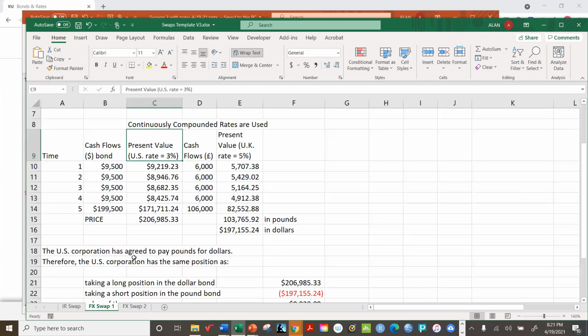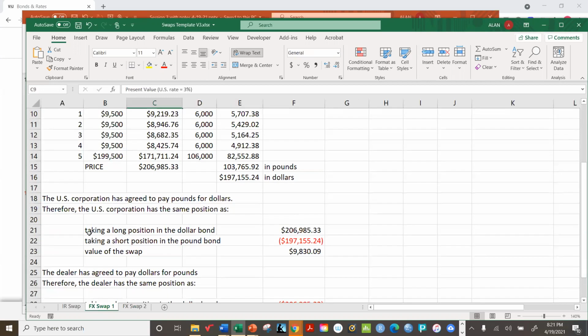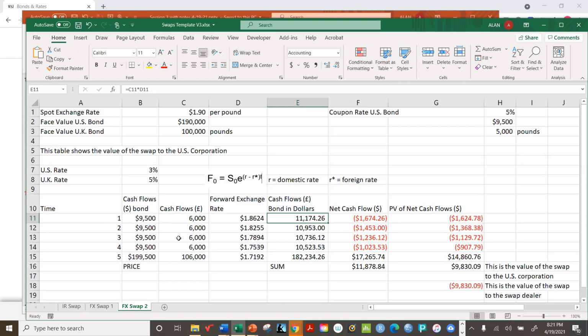Because nothing's changed, as the US corporation, I still have a long position in the dollar bond and a short position in the pound bond. So the value of my position is the cash flows from the dollar bond minus the cash flows from the pound bond. Now you can see the first 4 are negative, but then I've got a gigantic positive cash flow down here. This is the sum.